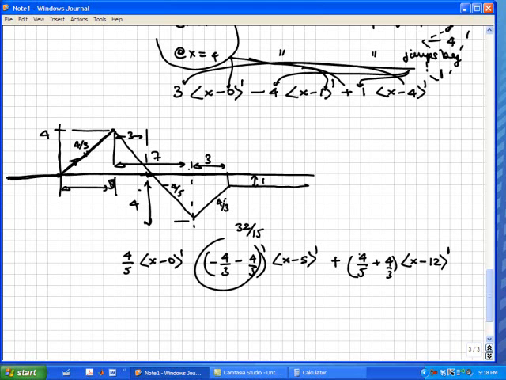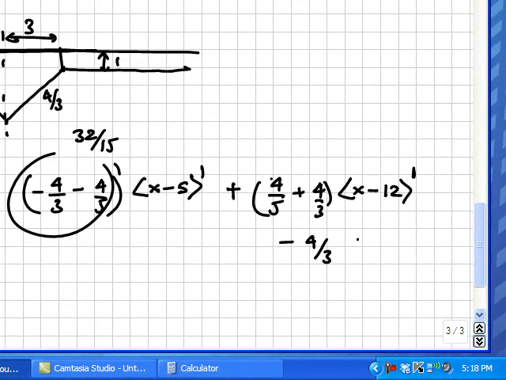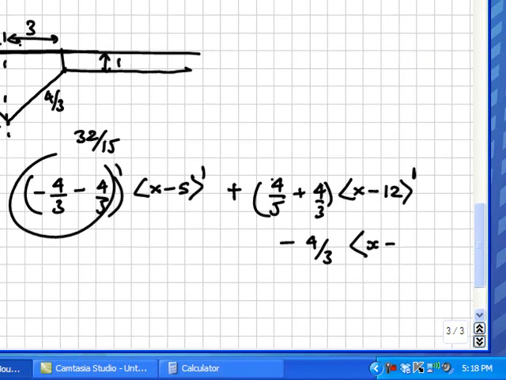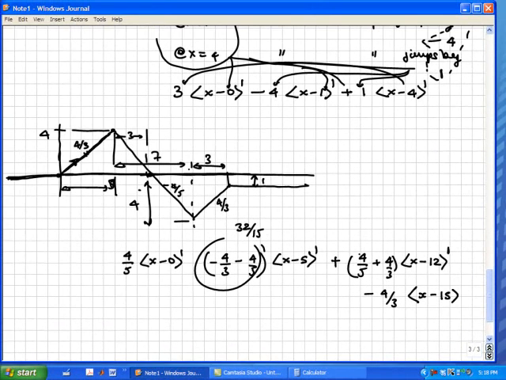And then the last jump is from 4/3 to 0. So minus 4/3 times, so it went 4/5, then 4/3, then minus 4/3. Right? So minus 4/3 and x minus 12, 30, 40, 15 to the power 1. That's all there is to it.